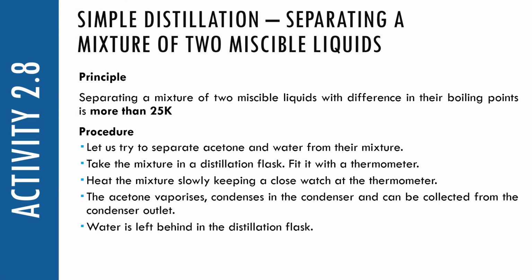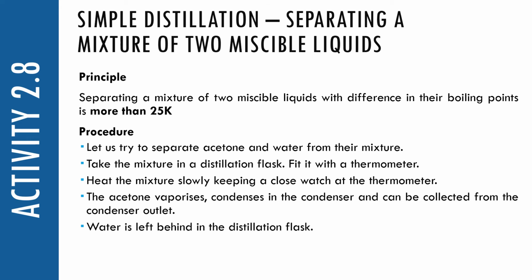The technique of simple distillation is used for separating a mixture of two miscible liquids. Principle: separating a mixture of two miscible liquids whose difference in boiling points is more than 25 K. Procedure: let's try to separate acetone and water from the mixture.